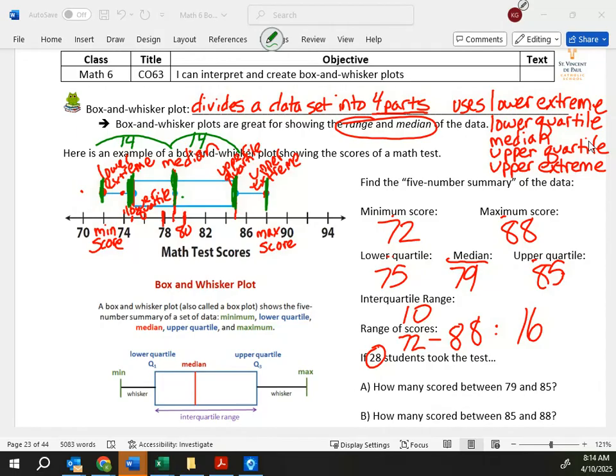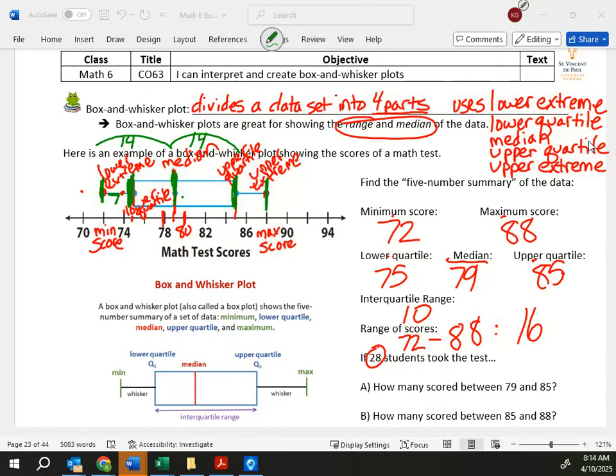Adeline? We have 14, and we have 2 parts of that 14. Maddie? 7. Because we take that 14 and we divide that by 2.